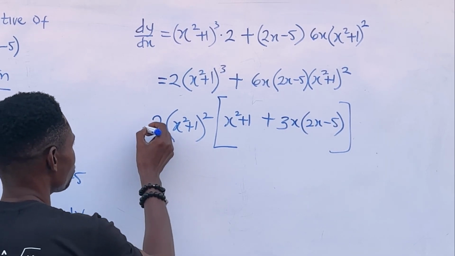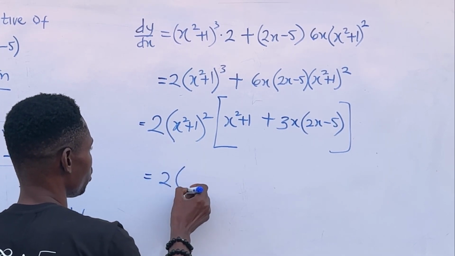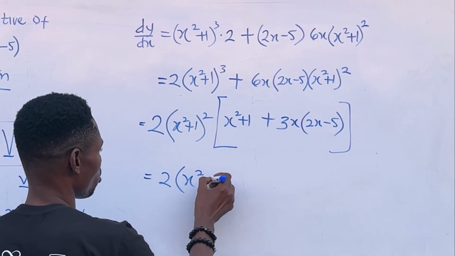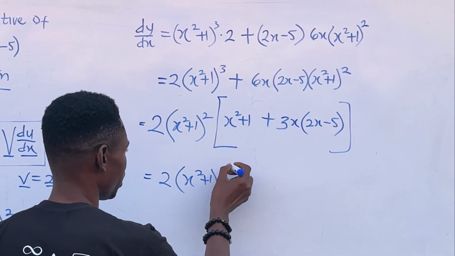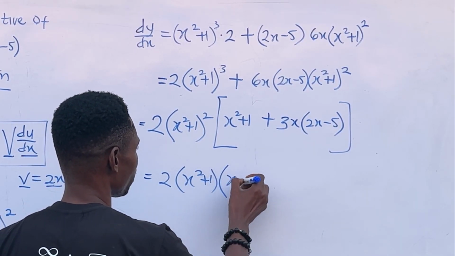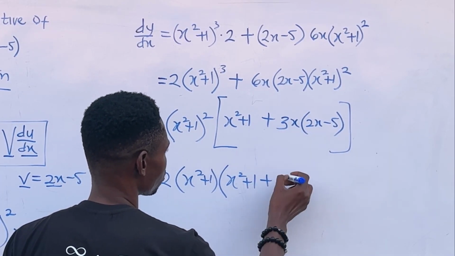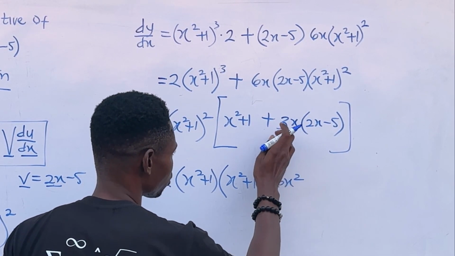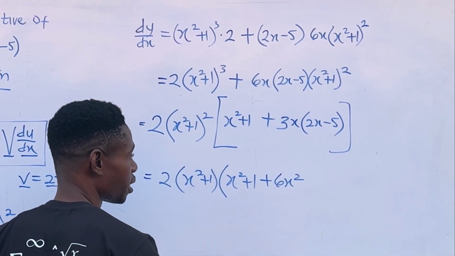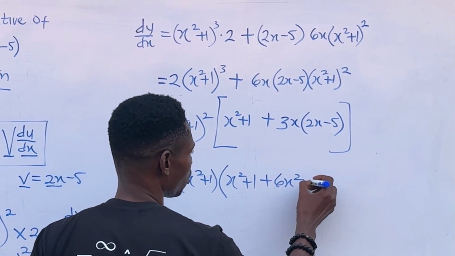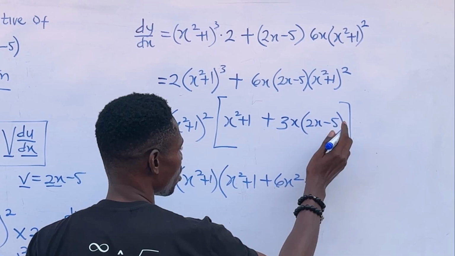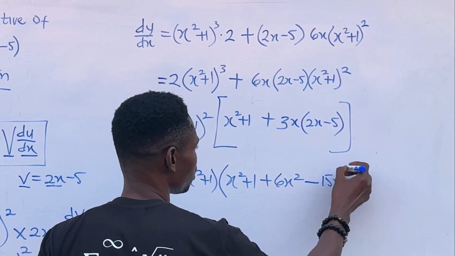So this will give us 2 into (x squared plus 1) squared into, we have x squared plus 1, plus 6x squared, that's 3x multiplied by 2x, minus 15x, that's 3x multiplied by 5.